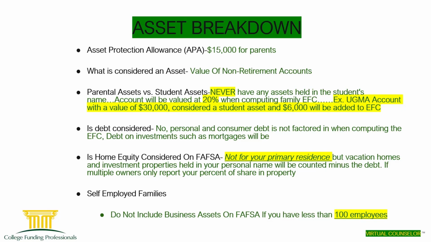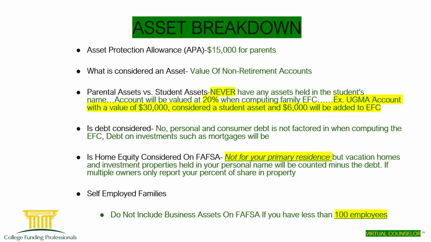Well, the asset protection allowance is for parents, not students. So they're going to take 20% of the $30,000. They're not going to subtract out $15,000. If that was a parental asset, they would, but it's not. It's a student asset.